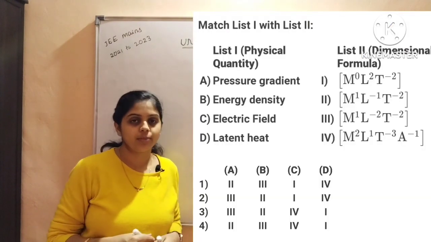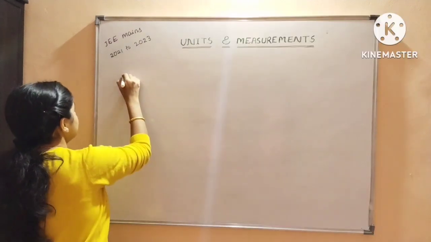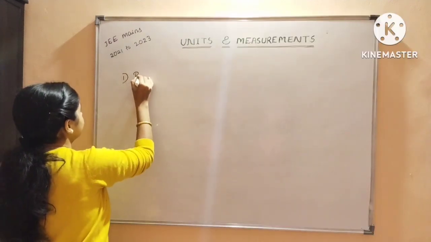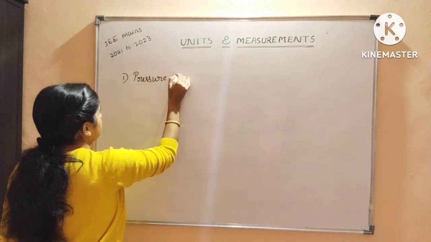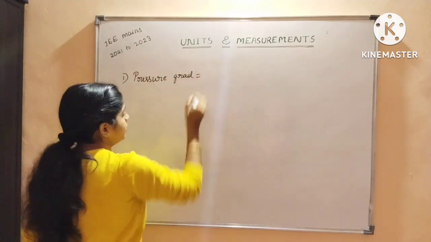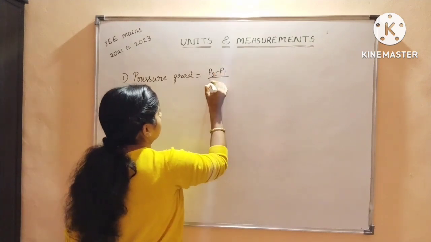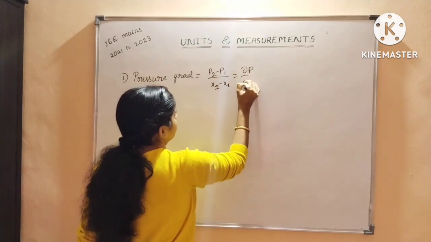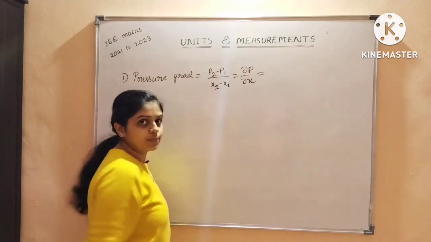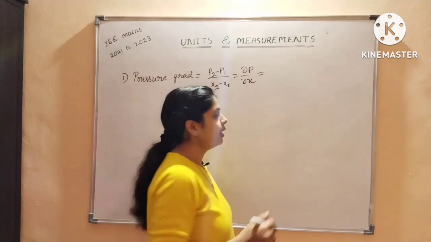Here there are 4 parameters. We have to find the dimensions of these parameters. First one is pressure gradient. What do you mean by pressure gradient? Difference in pressure by difference in length, or dou p by dou x, where p is the pressure, x is the distance. What is pressure actually? Force by area.